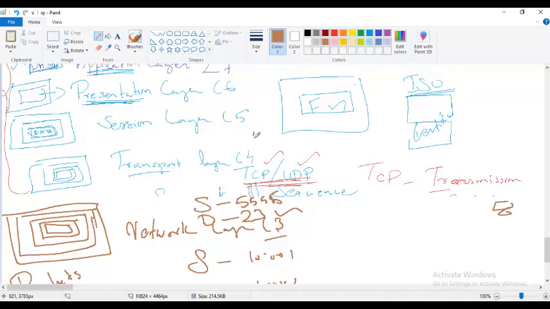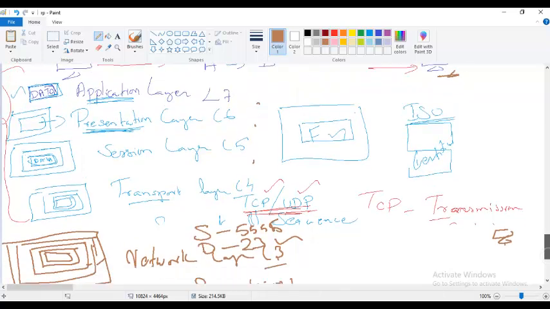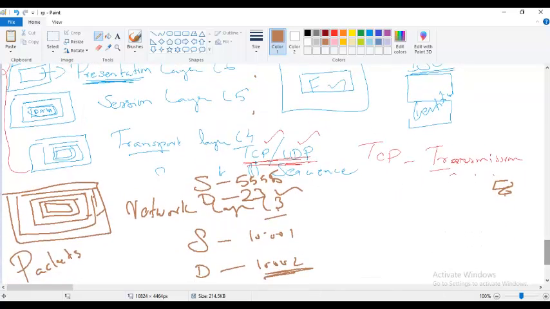So the sender will add layers, and on the receiving side it will peel the layers one after another like an onion and get the data at last. So encapsulation of data happens on the sender side, and decapsulation of the packet happens on the receiver side.